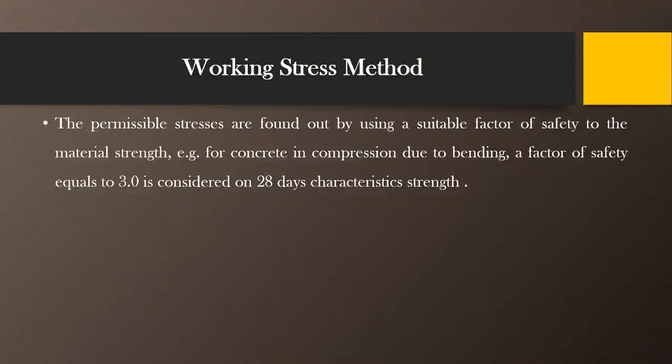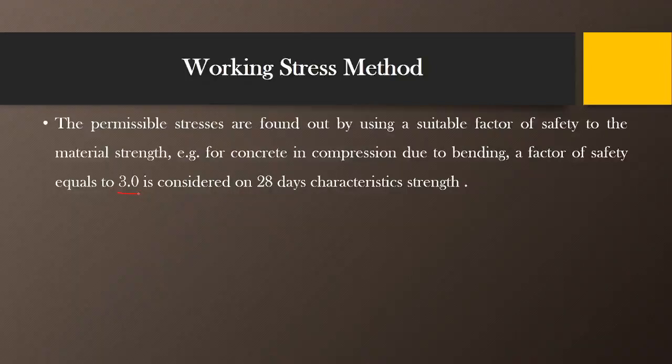Now, what is the meaning of a factor of safety of 3? Let's discuss this point. This is not a fixed value, but in general we get the factor of safety for concrete as 3. How? Let's see.